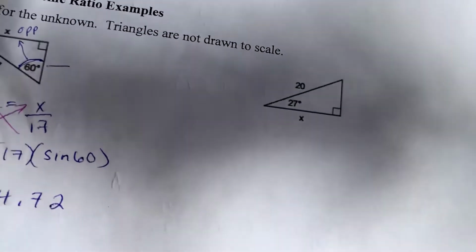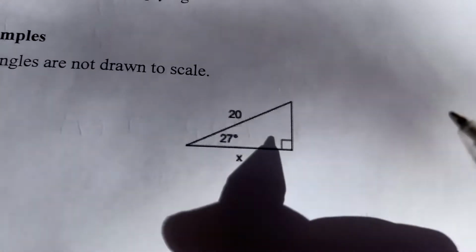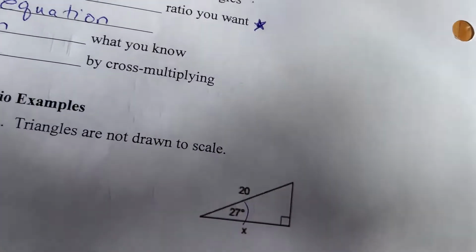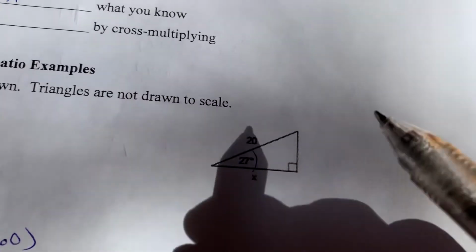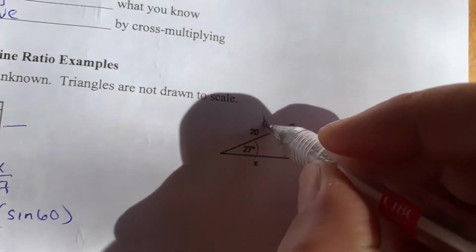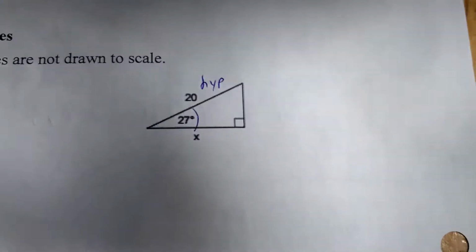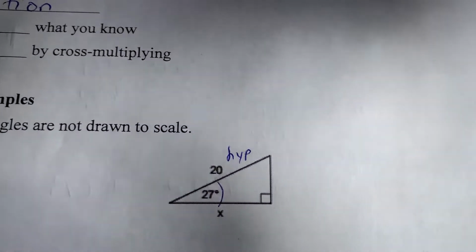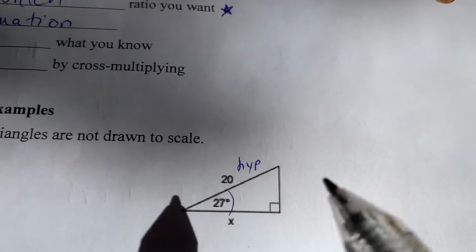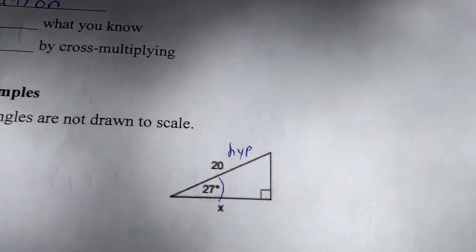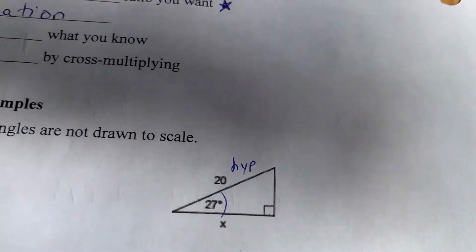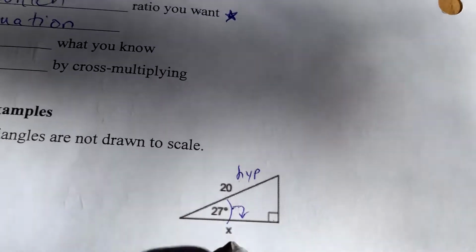Okay, moving on to the next one, again labeling my triangle first. This is my angle in question, but I'm still going to label my hypotenuse first, as always, because in this case I have 2 potential adjacents, but I know that the hypotenuse is across from my right angle box. So now this one is right next door.